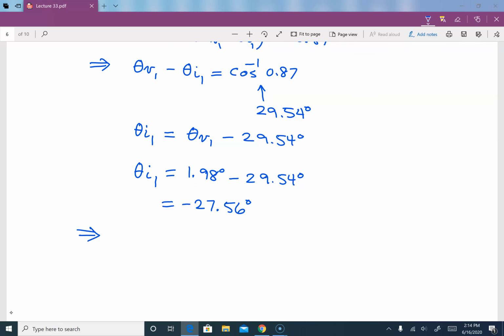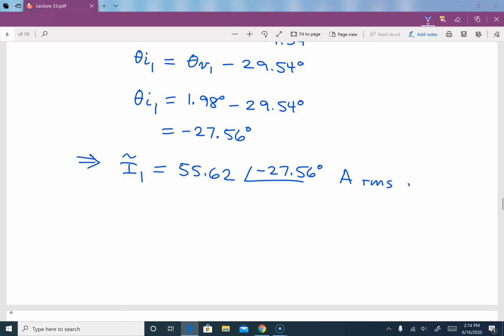So from that we can get our phasor quantity for current 1, which is equal to, the magnitude came out to be 55.62, and then with an angle of negative 27.56 degrees, and that is in ampere RMS. So now we can get our IS. IS is equal to I1 plus I2, and both the quantities are known.